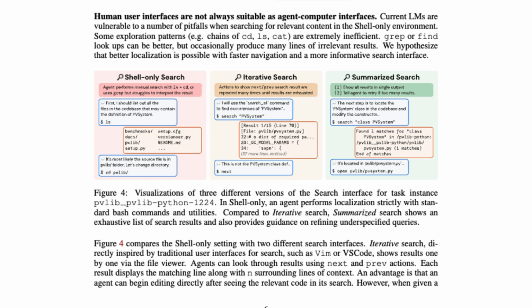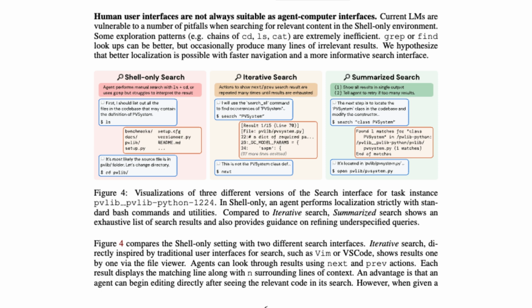Iterative search, directly inspired by traditional user interfaces for search, such as Vim or VS Code, shows results one by one via the file viewer. Agents can look up results using next and prev actions. Each result displays the matching line along with n surrounding lines of context.